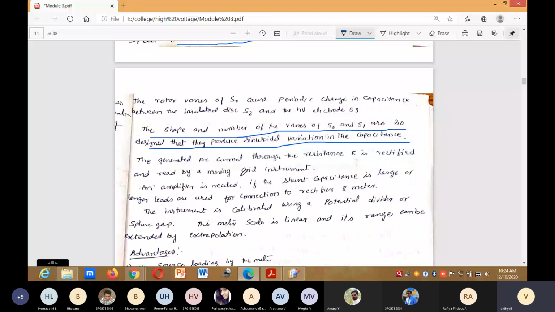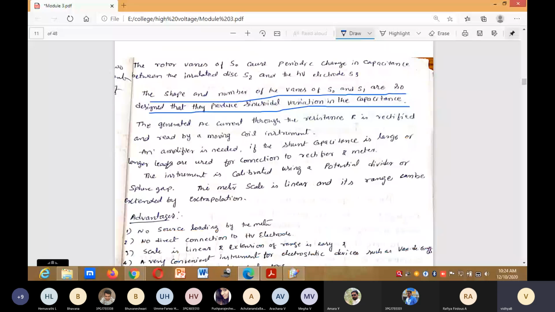An amplifier is required if the shunt capacitance is large or the leads used for connection to the rectifier and meter are long.